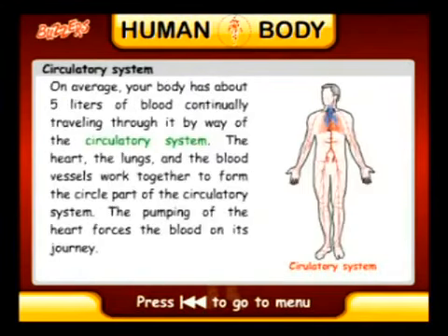Circulatory system. On average, your body has about 5 liters of blood continually traveling through it by way of the circulatory system. The heart, the lungs, and the blood vessels work together to form the circle part of the circulatory system. The pumping of the heart forces the blood on its journey.